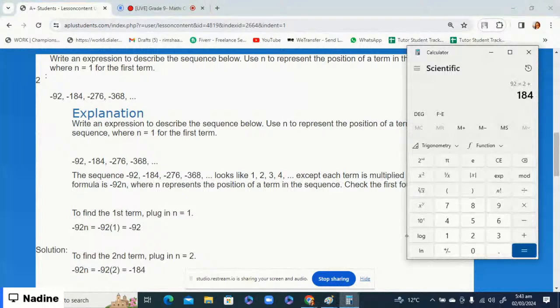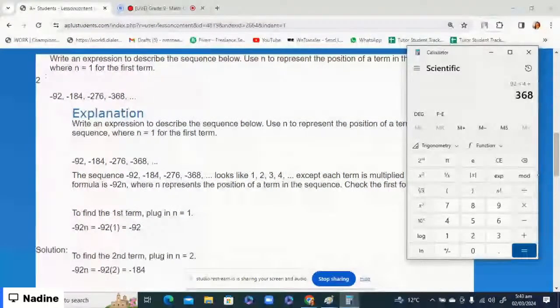Then 92 times 3 is 276. Then 92 times 4 is 368.